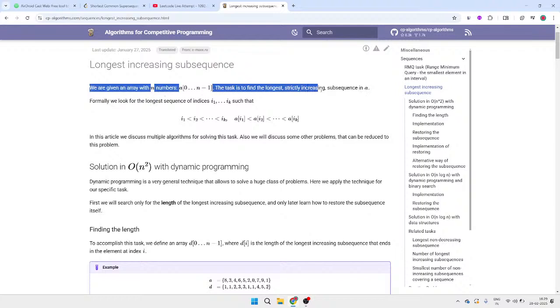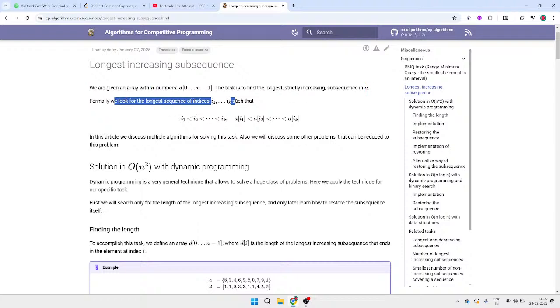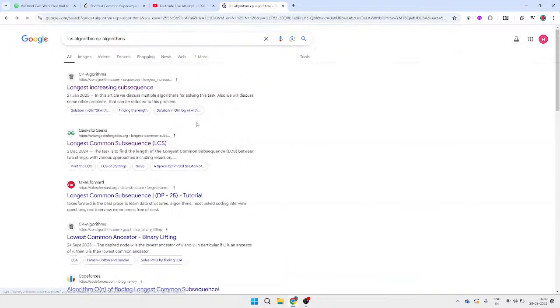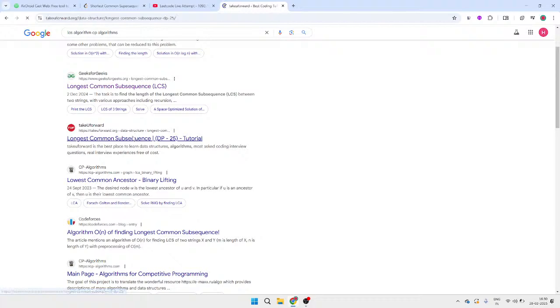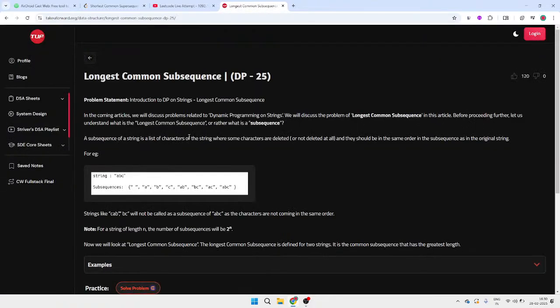The task is to find the longest strictly increasing subsequence in A. So there is only one string. Yeah, this is a different problem, and LCS is a different problem. So I think Striver has explained it.